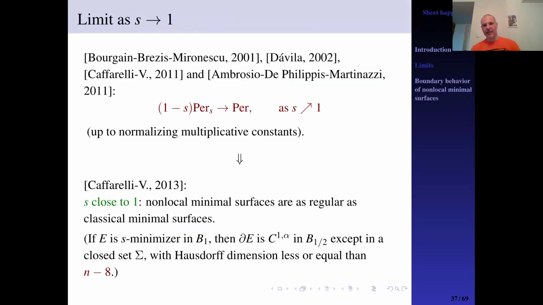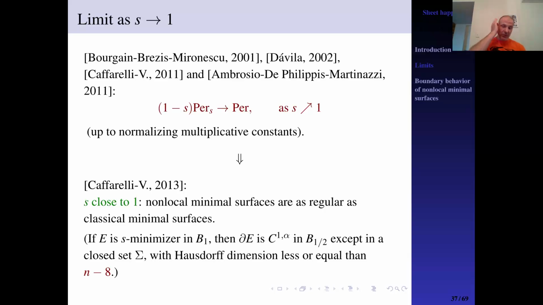Just for consistency, if you wonder what is the relation between the S perimeter that I'm treating here and the classical perimeter, well, up to normalizing constants, the S perimeter will converge to the classical perimeter as S goes to 1.